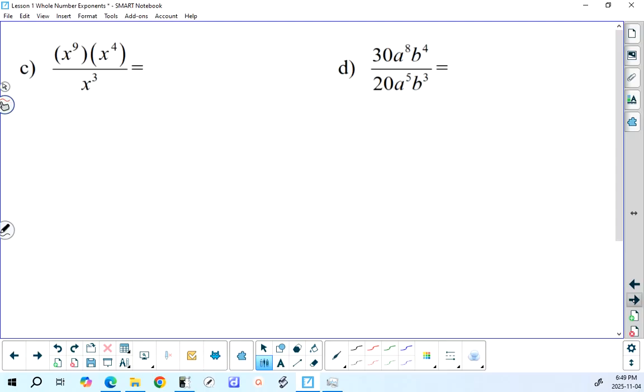B, well, on the top we have x to the 13, and this is how your brain should be operating very soon. When you see x to the 9 times x to the 4, your brain should be processing that and seeing x to the 13 because you add the exponents. So we have x to the 13 over x to the 3.